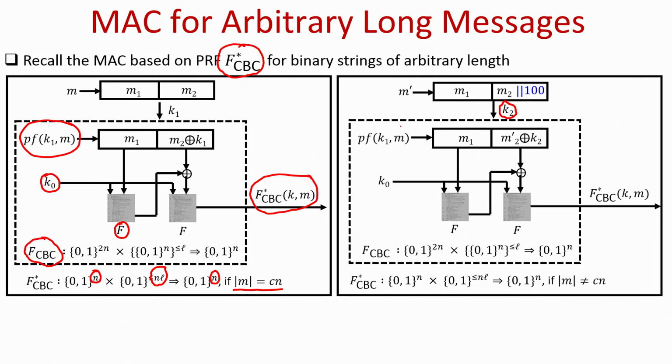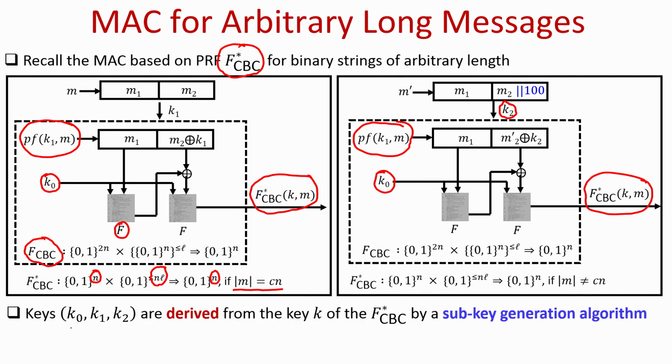Once we have the prefix free encoding of the message, we now operate the blockwise secure PRF FCBC under the key k0, and that is taken as the overall outcome of your PRF F star for the input m.